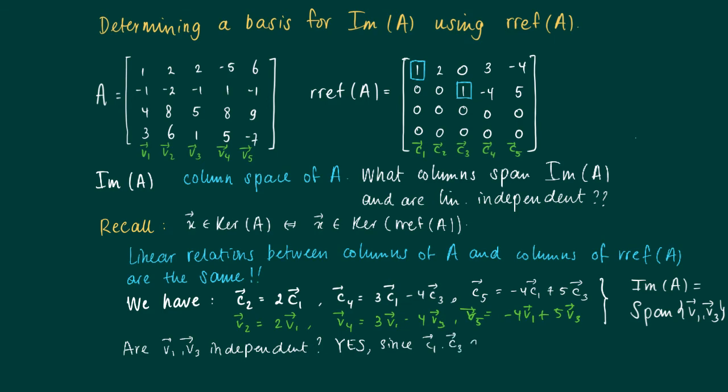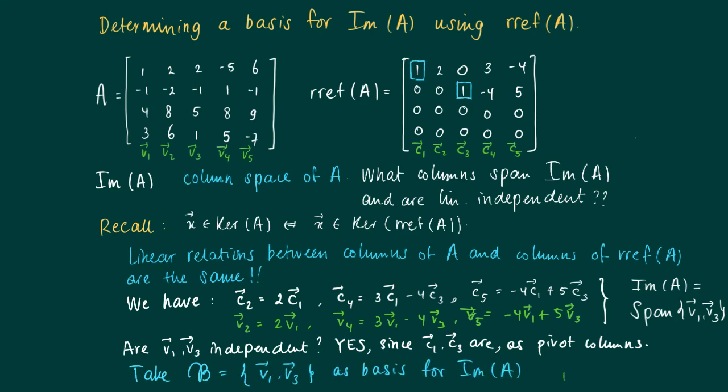There's no linear relation between V1 and V3, since then we would observe the same linear relation in the row reduced echelon form of A. So now we may take V1, V3 as a basis for the image of the matrix A.